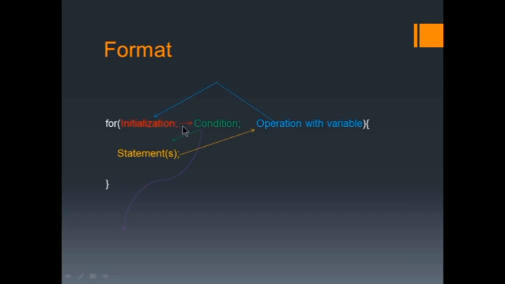Does the updated initialized value match this condition now? Yes. If it matches, it goes the same way and executes the statements here, then goes here and again does the operation. After this operation happens, it comes here and reassigns the value, then condition checking occurs, and here we execute our statements.